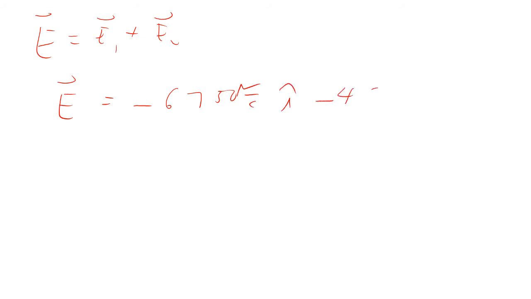So the total vector is going to be the E1 plus E2. And so that comes out to be very simple vector algebra, minus 6750 newtons per coulomb i minus 4,900 newtons per coulomb j.